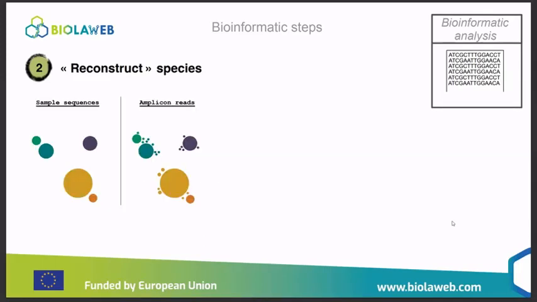So how does it work? I represented it like that. So here you have your sample sequences, the sequences that were present in your sample at the beginning, before you go through all the pipelines, the metabarcoding workflow. Each dot represents a sequence and each size represents its abundance in your sample.